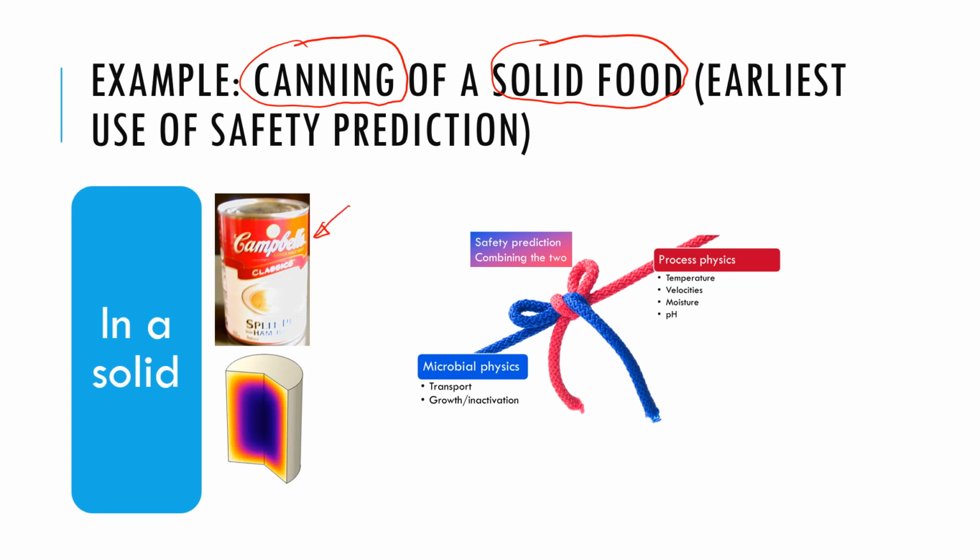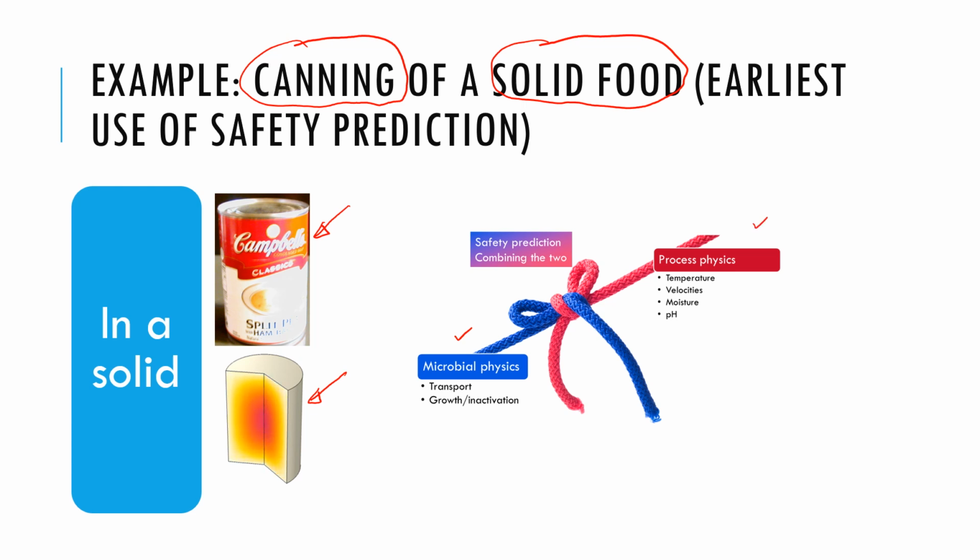So here is a can, and the heat conduction process will take place from the surface to the center, and there is no movement inside. Again, I chose this one because this has been studied for more than 100 years, starting with analytical solution for heat conduction. So let's look at how we are combining microbial physics with process physics.